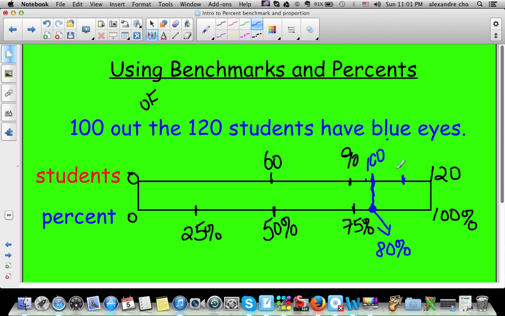So, 100 students out of 120 students have blue eyes, more or less means that 80% of the kids have blue eyes if there were 120. So this is a case where we estimated, but we needed that benchmark 75% and the 90 above for us to approximate. See how much easier it is if I have 90 to locate 100? Okay?